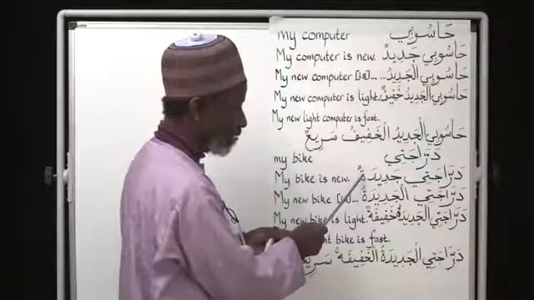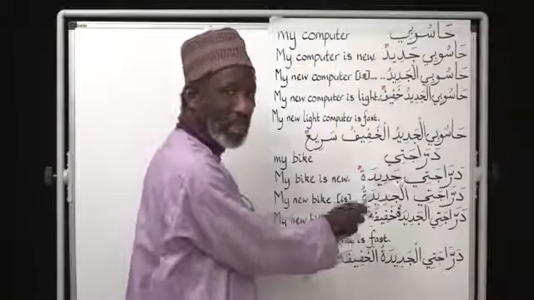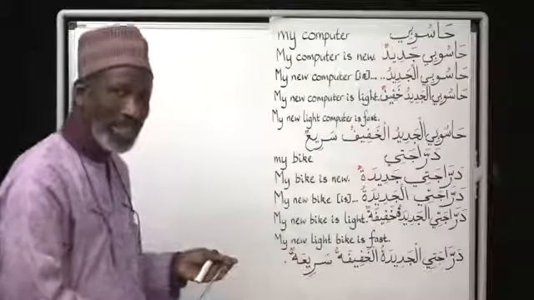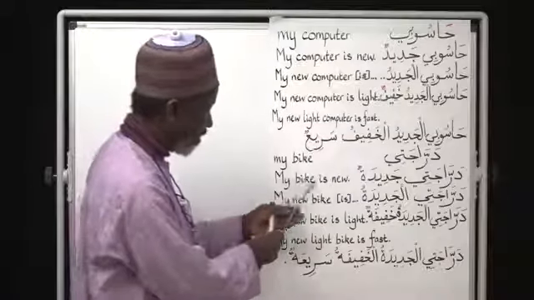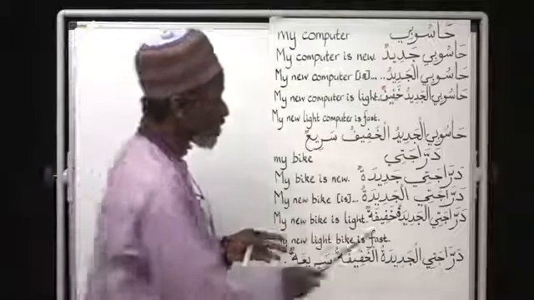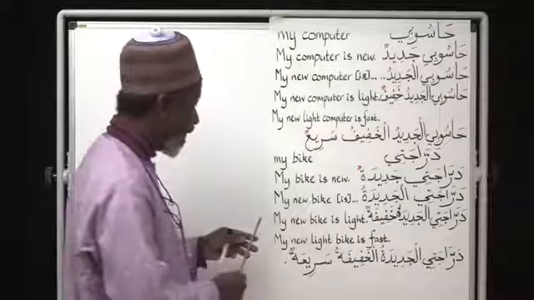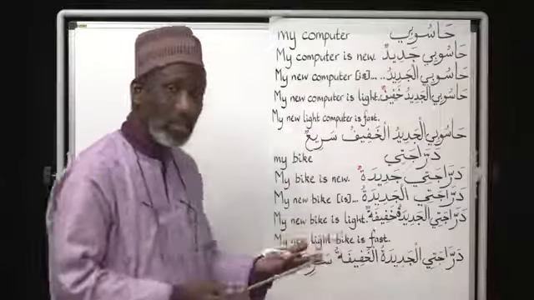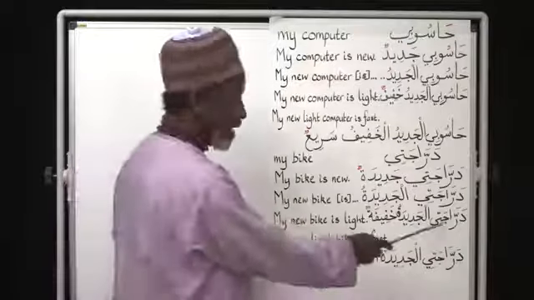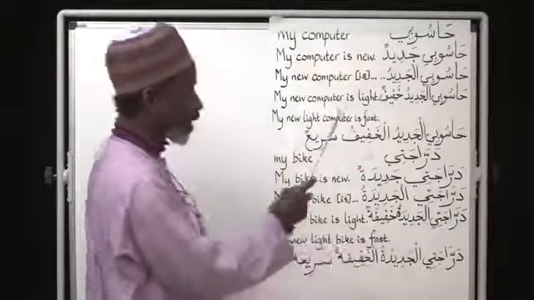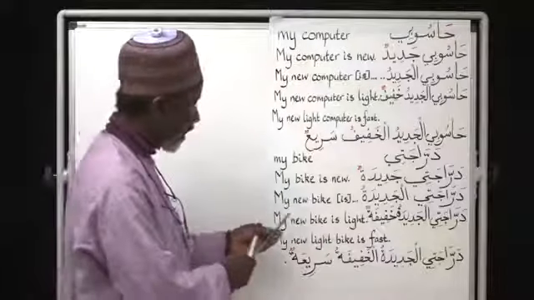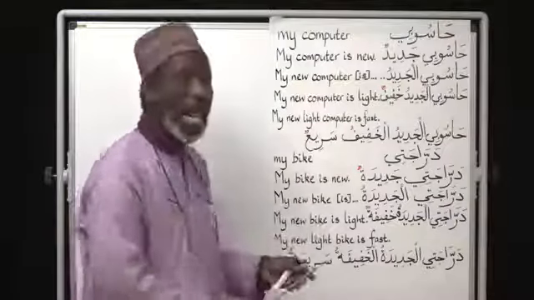Jadidatun, the same gender as the gender of the noun. Darajati jadidatun. My bike is new. Darajatil jadidatu, incomplete sentence. My new bike is what? Darajatil jadidatu khafifatun. My new bike is light.